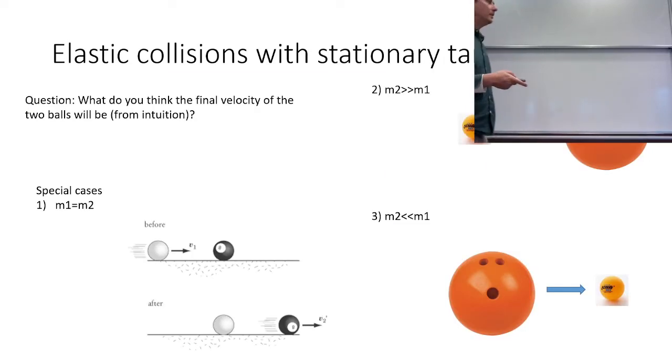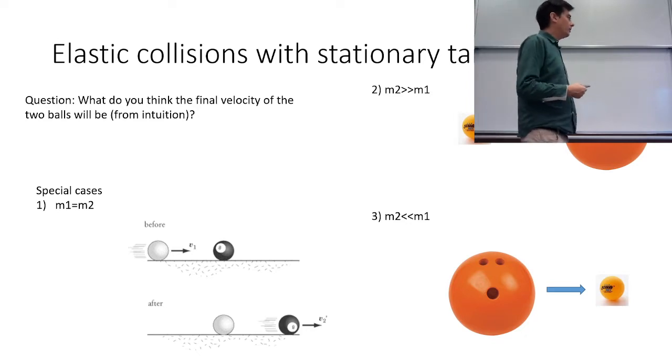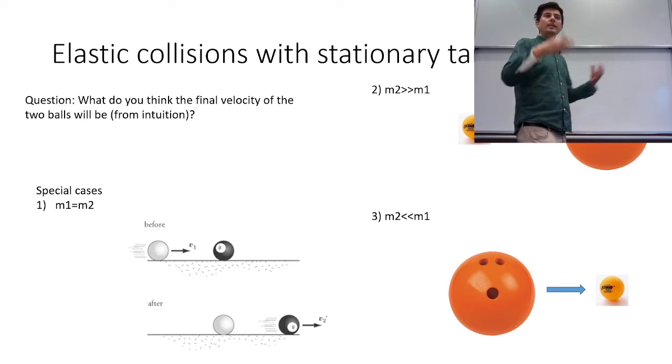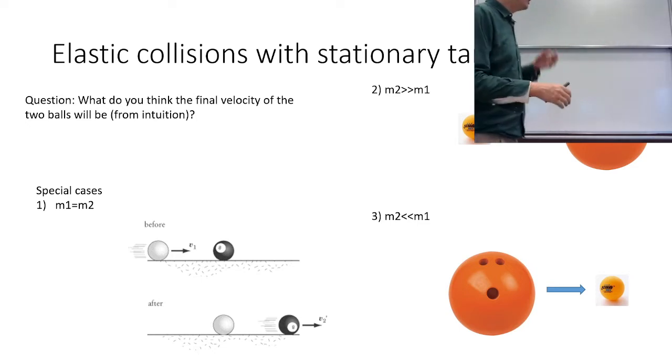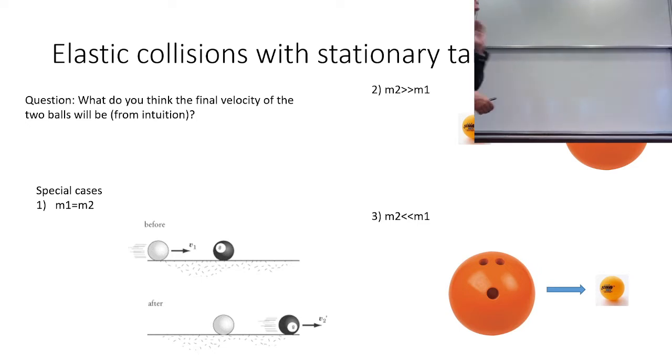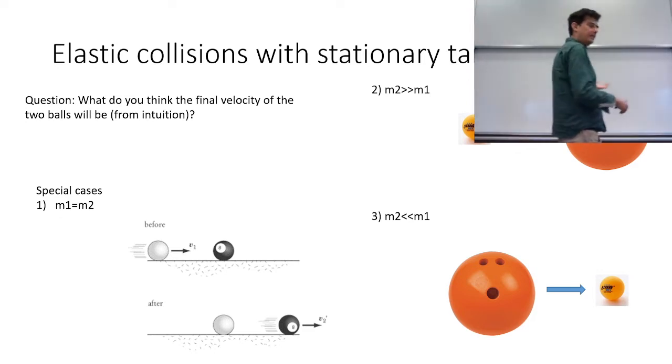These are cases where the masses are, say, equal, or where one mass is much bigger than the other one. Let's see what the formulas predict, and let's see if it makes sense.